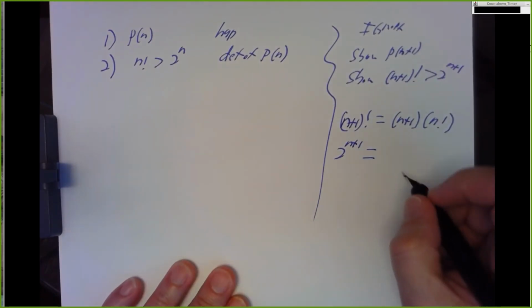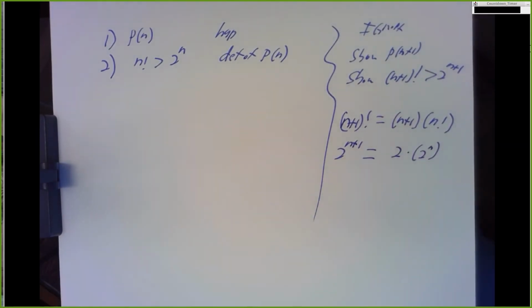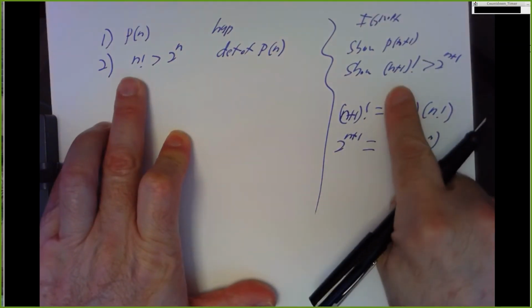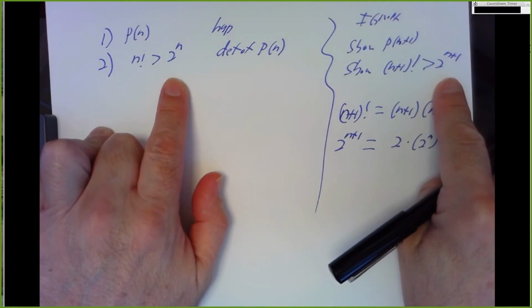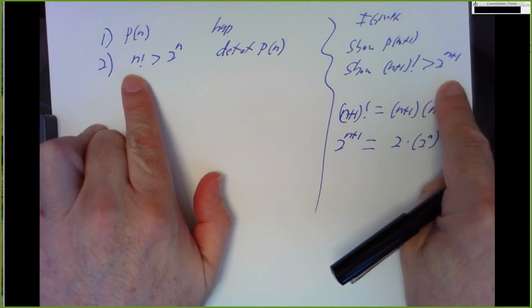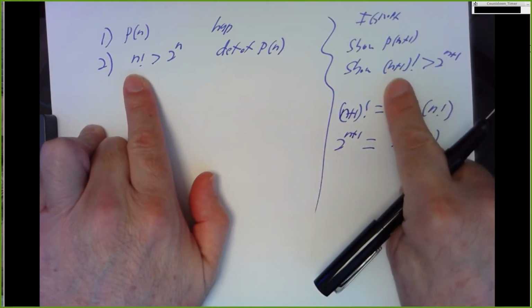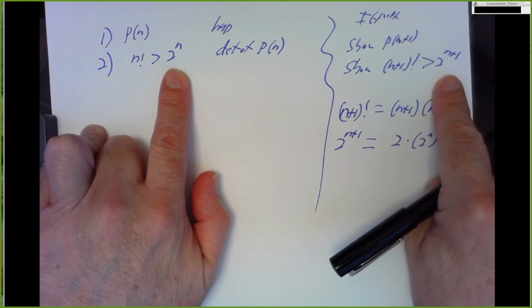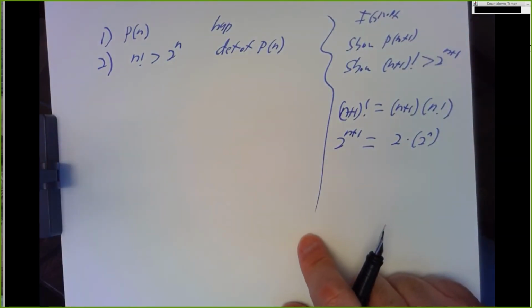So 2 to the n plus 1 is just 2 times 2 to the n. Now, why did I write those? I don't know, because I saw some factorials here and here, and I saw some 2 to the n's here and here. My brain doesn't say, well, let's try to relate n factorial to 2 to the n plus 1, right? Let's relate the factorial to the factorial. Let's relate the exponent to the exponent, right? I'm lazy, so I'm going for the lowest hanging fruit possible.